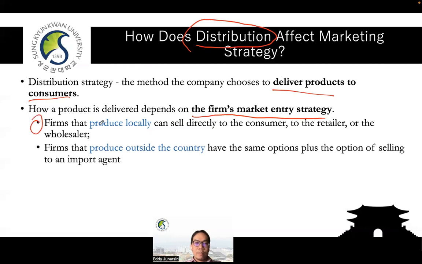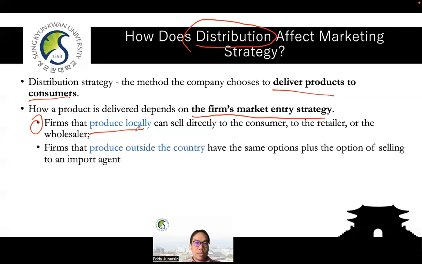And of course, if we produce locally, then we could sell directly to our consumers, to retailers, and also wholesalers. So we produce it there. If you bring your production facility to China and you're selling in China, then of course you could sell directly to your consumers, or you could sell through retailers and also wholesalers.